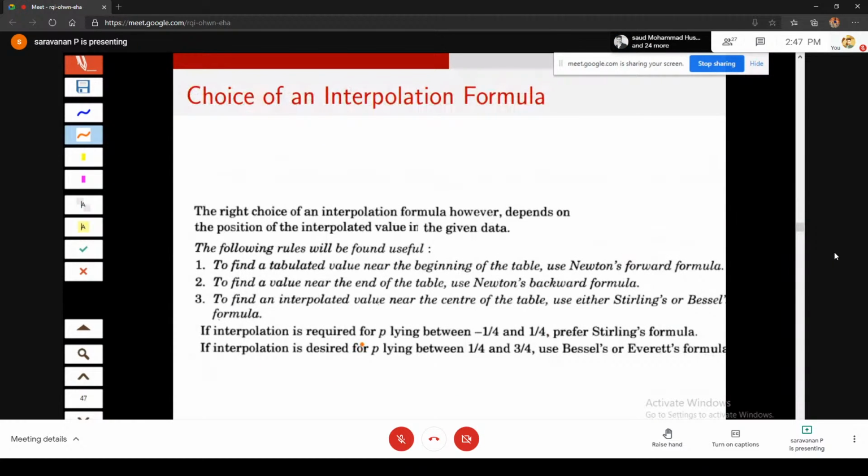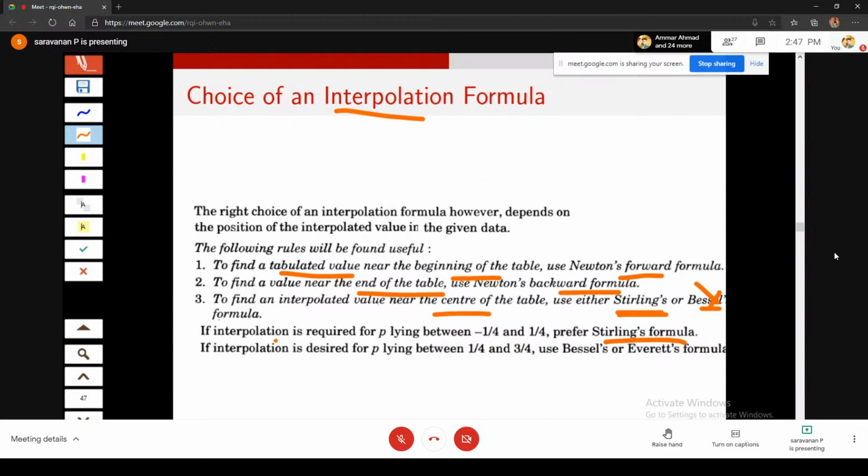And this is the choice of the interpolation formula. To find the tabulated value near the beginning, use Newton forward. If it is near the end, use backward. If it is near the center, use either Stirling or Bessel's. But Bessel's is not in the syllabus. In your syllabus, you have got only Stirling.